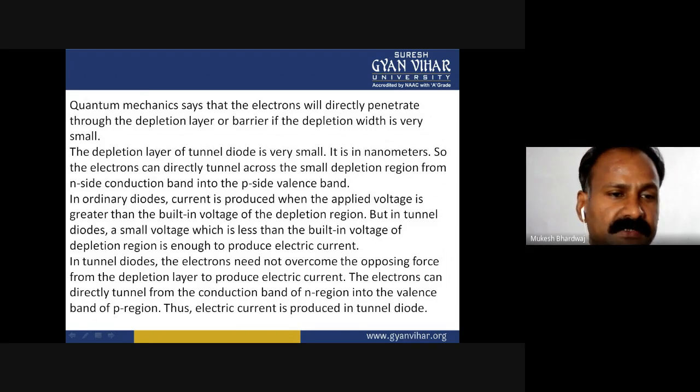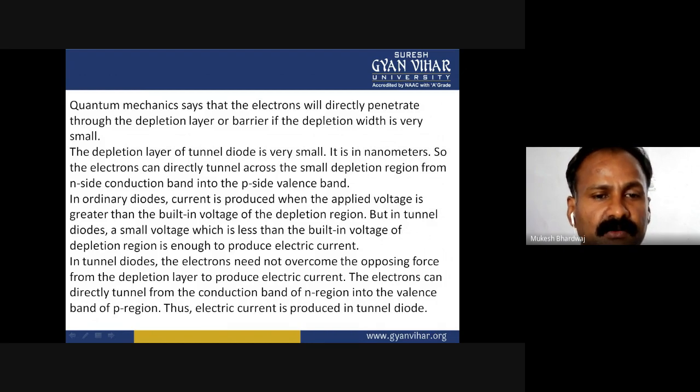This happens if the depletion width is very small. The depletion layer of a tunnel diode is very small, in nanometers, so electrons can directly tunnel across the small depletion region from the n-side conduction band into the p-side valence band. In ordinary diodes, current is produced when the applied voltage is greater than the built-in voltage of the depletion region.